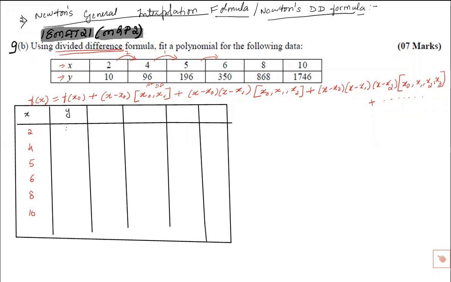The corresponding values of y are 10, 96, 196, 350, 868 and 1746. Then the first divided difference I will write here, and then second divided difference, third divided difference and so on.